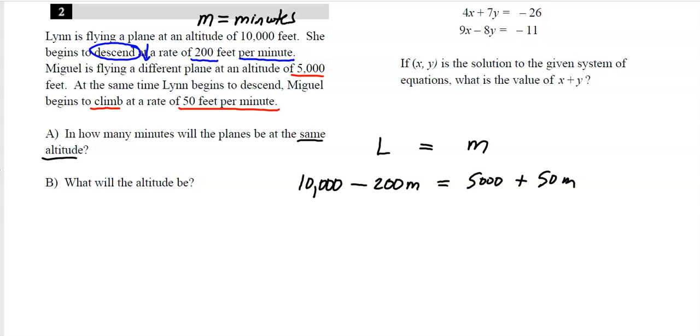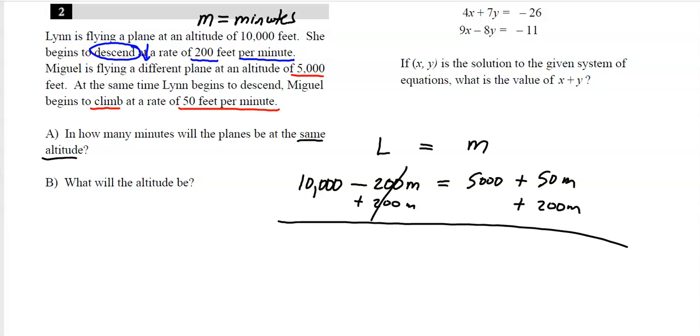So now we should be able to just use some algebra. If I add 200 m's to both sides, I'm going to have 250 m's. Well, I know I want my numbers on the other side, so on the same equation, I'm just going to subtract the 5,000.